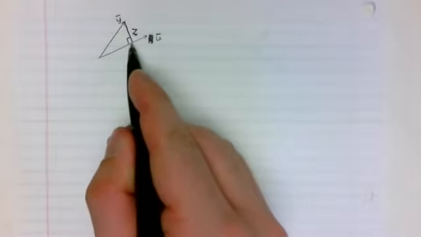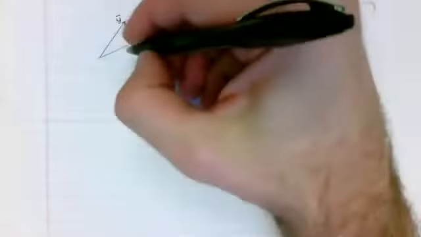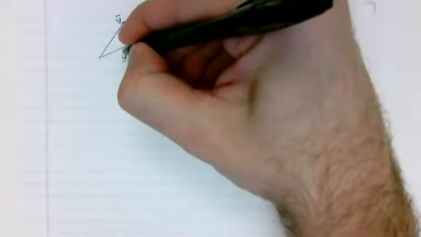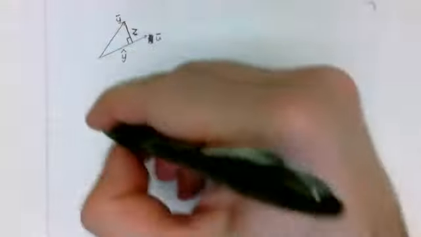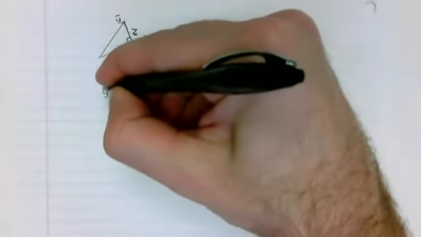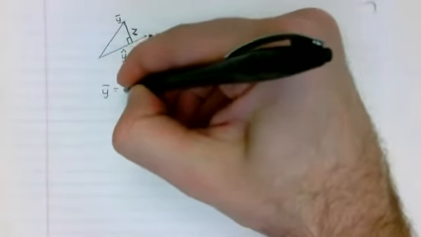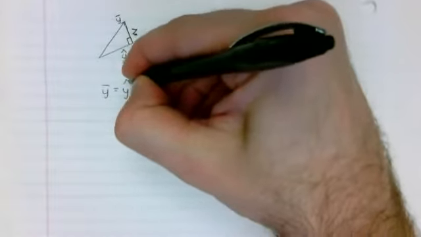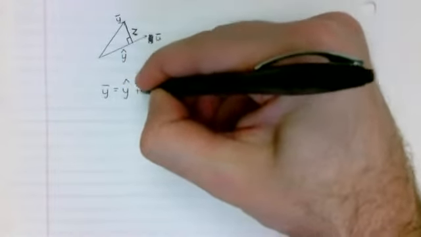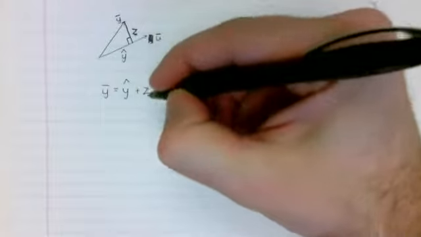This side of the right triangle we'll call y hat. So y equals y hat plus z.